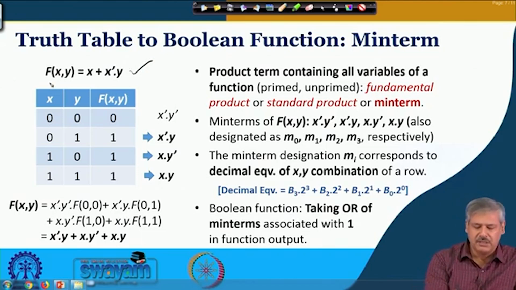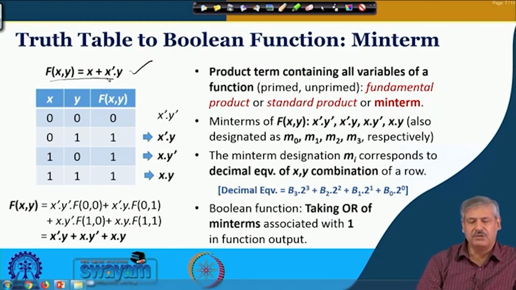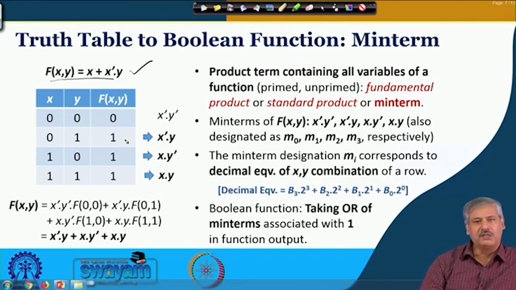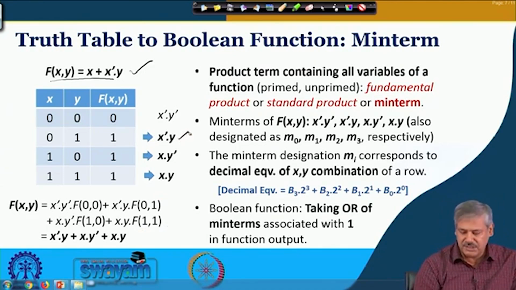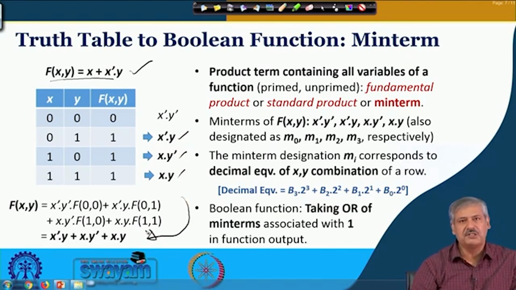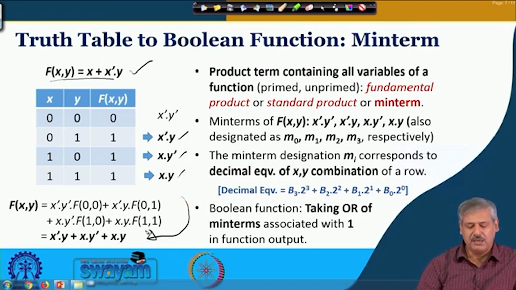So, this is the truth table, and in this particular truth table we can see that there are four such terms, and the terms that are associated with 1, from Shannon's expansion theorem, if we compare, these are the terms, and this was there in the final expression that we had formed.